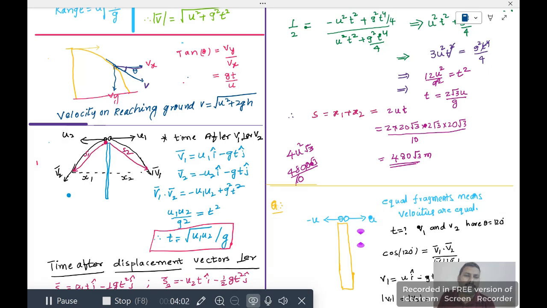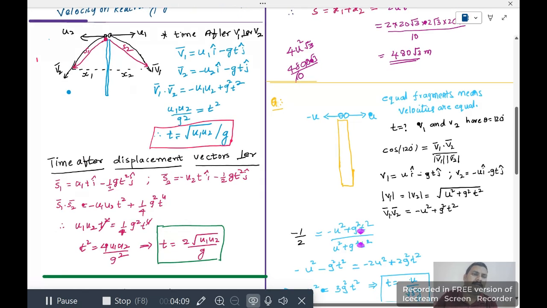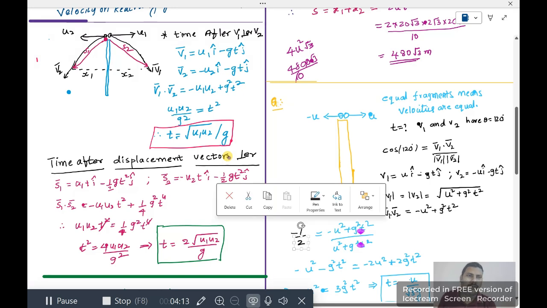Now we will see some applications of horizontal projection. In the first one, from the height h of the tower, a bomb explodes into two pieces, or two projectiles are projected horizontally as shown in the figure, with initial velocities U1 and U2.